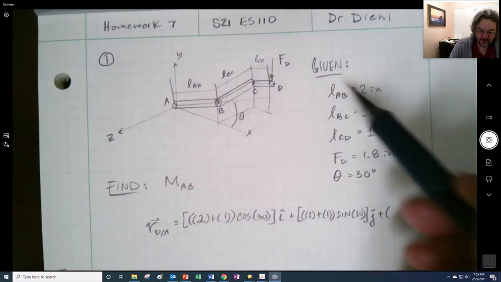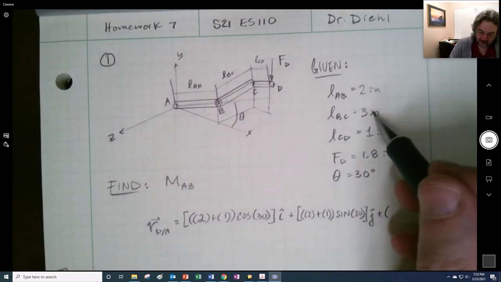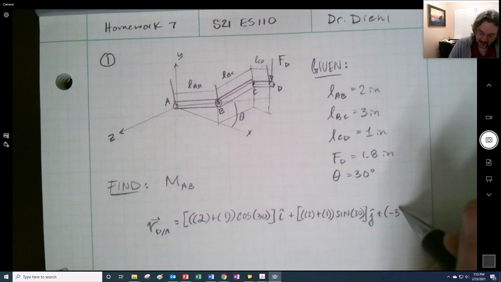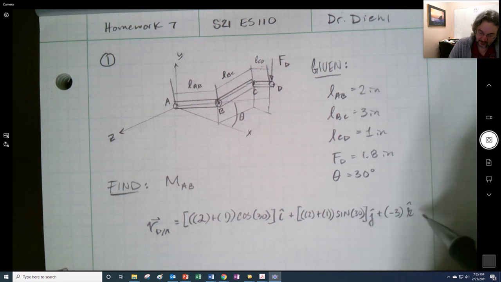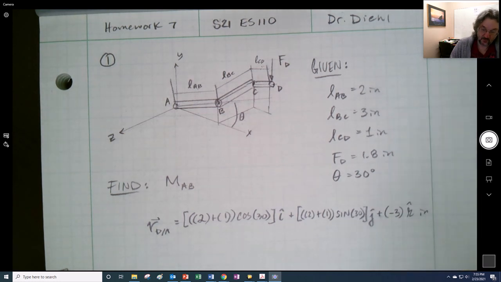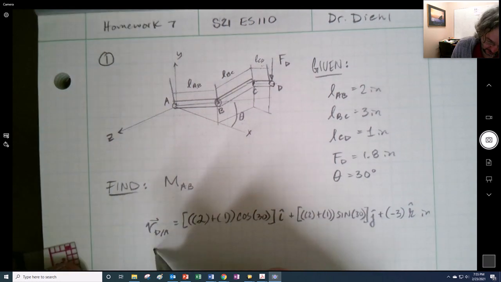So it moves it, and it's going to be in the negative direction. So it's going to be negative 3 K inches. So let's write out what those values are going to be.